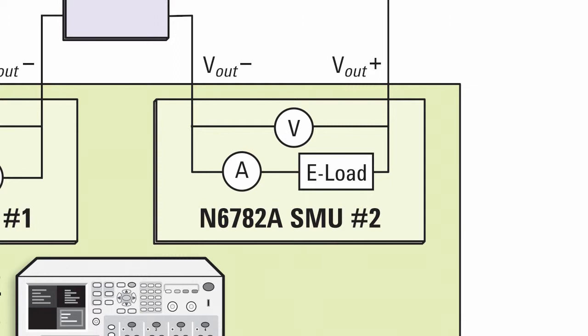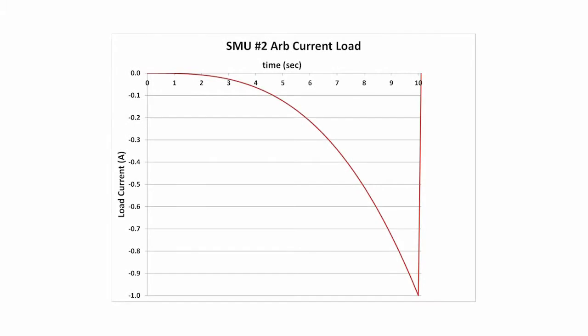With 2-quadrant operation, it can perform as a constant voltage or constant current electronic load. The built-in arbitrary waveform generator makes it easy to create a wide variety of dynamic loading profiles to apply to the converter. This example shows the SMU's load current changing from 500 microamps to 1 amp during a load sweep and then returning to its minimum value.